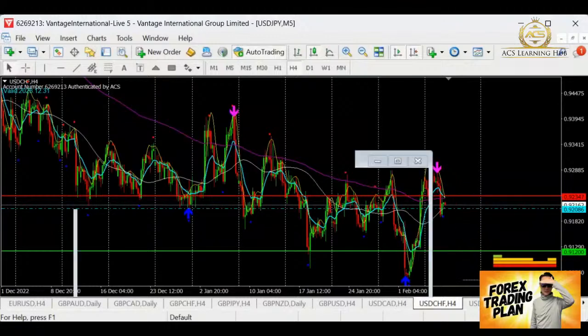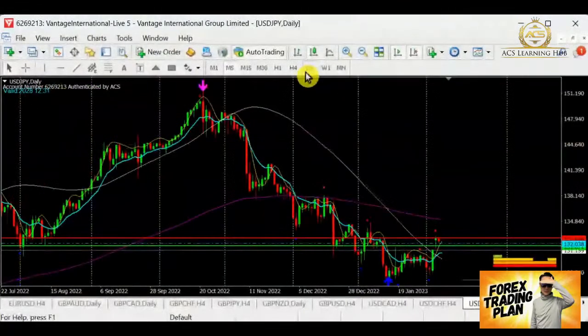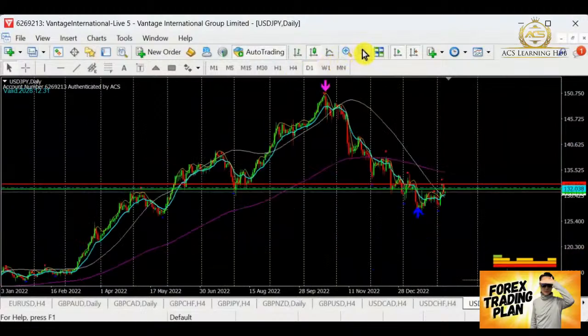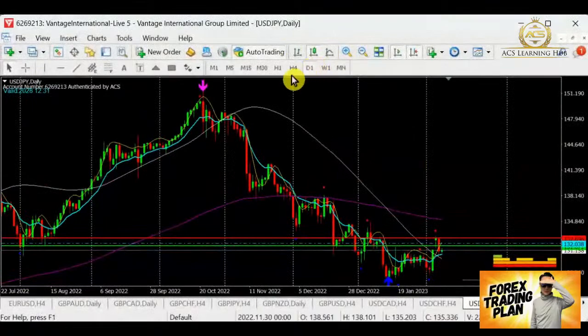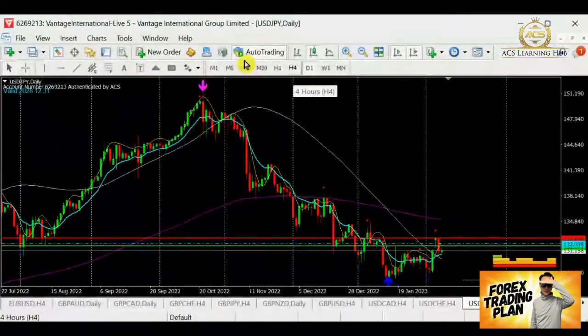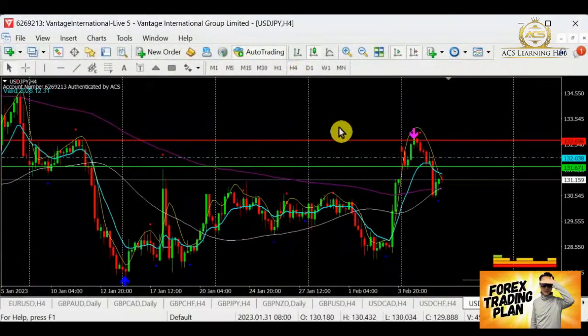For dollar yen, we are already in the bear. Since yesterday the dollar yen has been dropping. It plummeted quite a lot, then recovered to fill up the gap, and now it is going back to test.